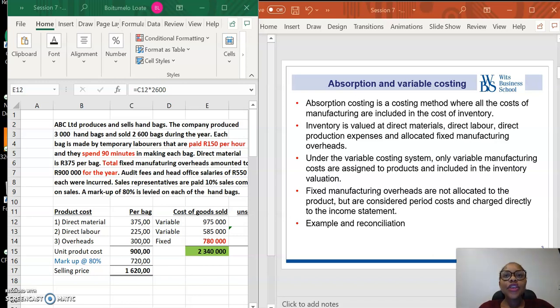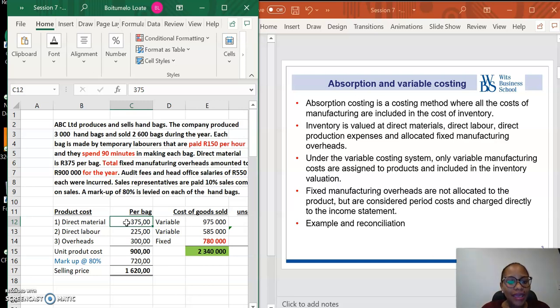I also then take you back to the first cost concepts session that we did when we were also looking at this ABC example where they sold handbags. And you would have noticed that these three costs here, direct material, direct labor, and overheads, all formed part of your cost of goods sold.